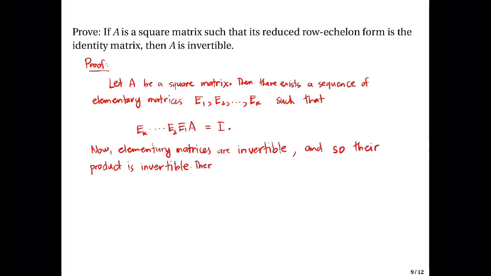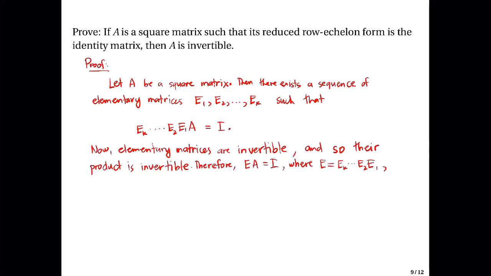Therefore, EA equals I, where E is just this product here, EK until E2, E1.